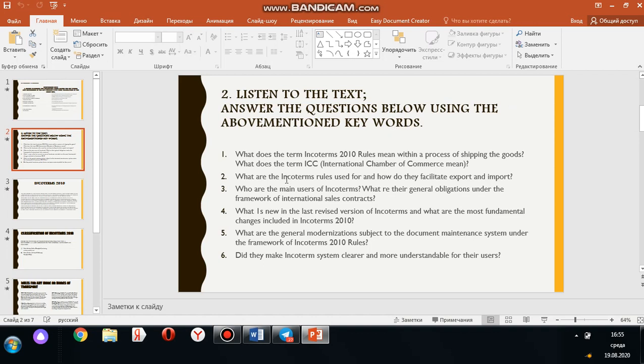So as you heard the keywords, what does the term Incoterms 2010 rules mean in the process of shipping the goods? So it is the first question, and you are welcome with your answers. Of course, you can send your answers via Telegram or via email.